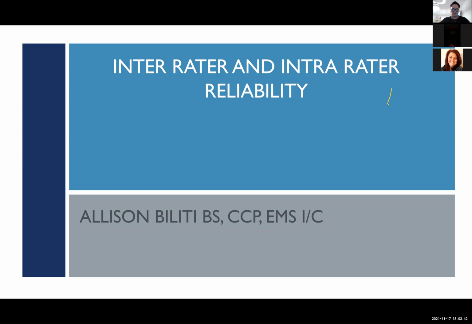We're going to talk about inter-rater and intra-rater reliability tonight, and really what that means and how we can apply that in programs that you guys might be involved in. Assessment in EMS education is an evolutionary process that is determined by each individual EMS program. So each program is really determining what that assessment is going to look like.